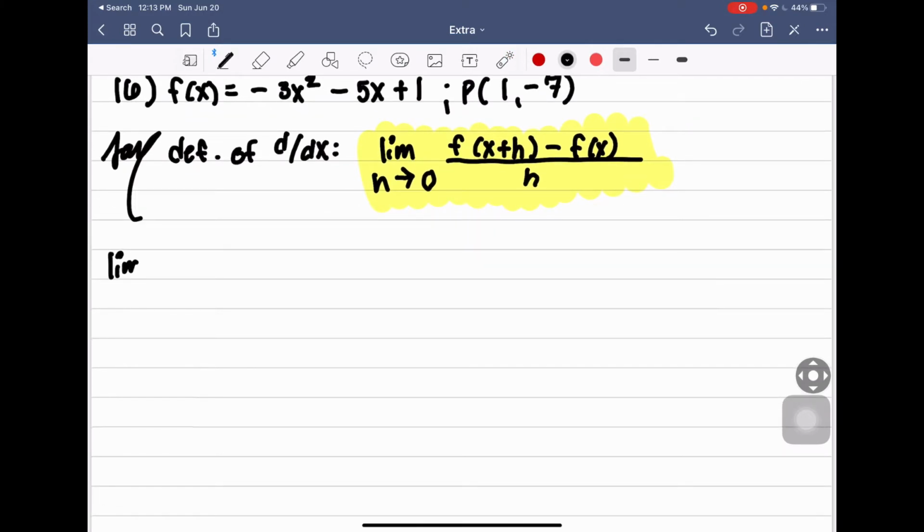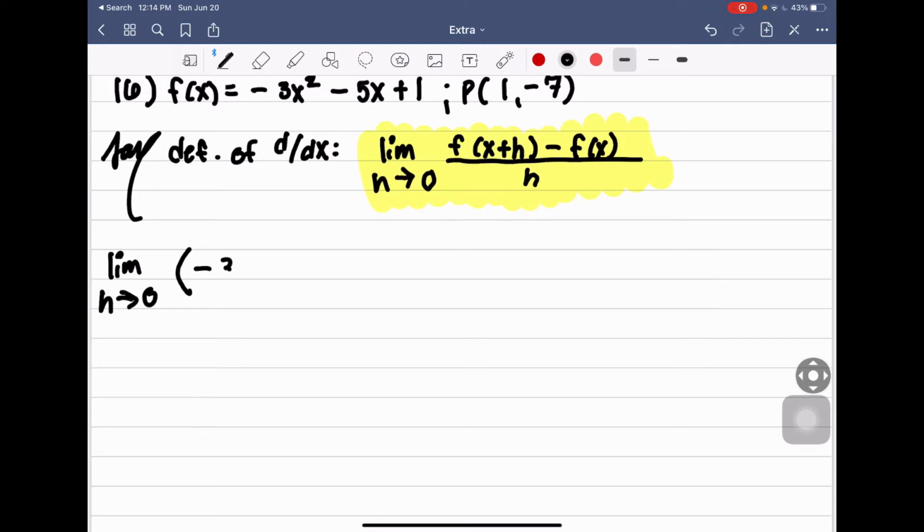The limit as h goes to 0, and so let's start with, of course, the f of x plus h part. All that is telling you is that whenever you see the x, you just plug in x plus h instead. Now I'm going to add parentheses to indicate that we're working on this first part of the problem.